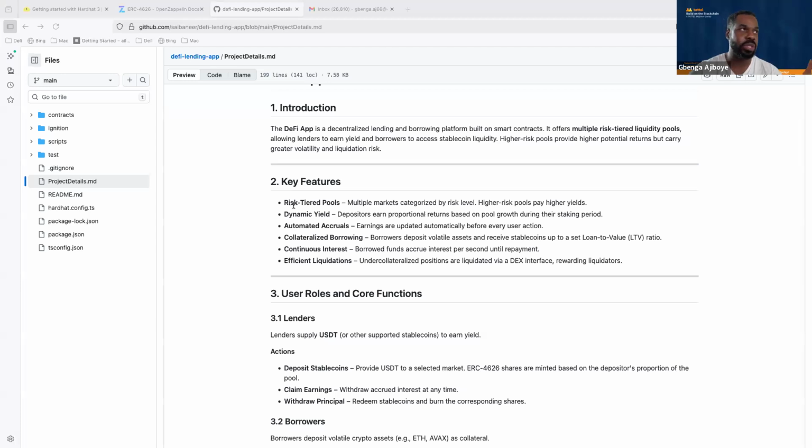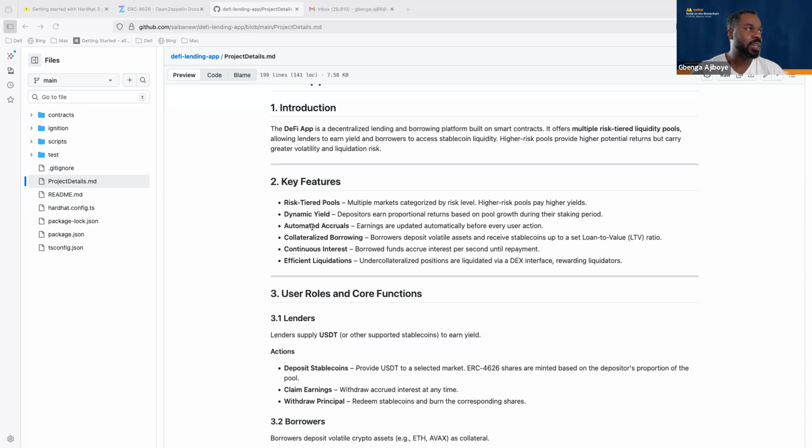There's a low risk to a high risk pool, and within the time that you lend to a pool, you earn interest based on what the borrowers pay, and then some more than that. But I'll get to that.